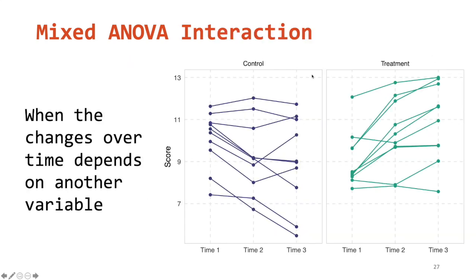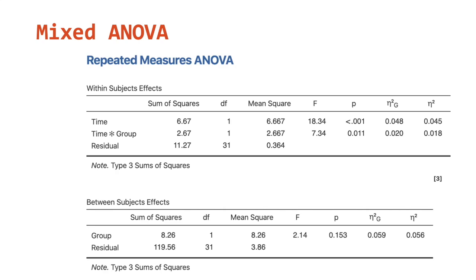And so if this was our situation where we have group where it's control or treatment, and we have time, and our interaction is significant, we would come here, do a figure and say, well, it looks like treatment has a positive effect on the outcome over time, where those in the control group either don't change or they decrease slightly.